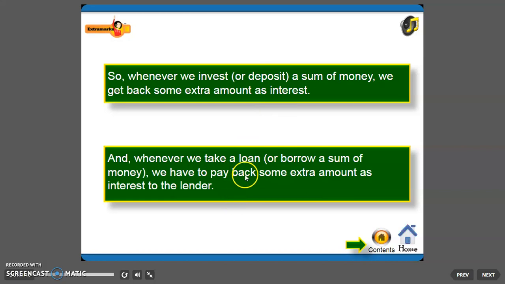If I get a loan, I pay some extra amount to the bank. You can ask your father and mother how they repay the loan that they have got from the bank. Surely your parents would have got some loans: home loan, car loan, jewel loan, personal loan. Or your mother would have bought something in EMI, even in a Diwali purchase. You can discuss all these things with your family members today. Okay, children, let's continue in the next video.